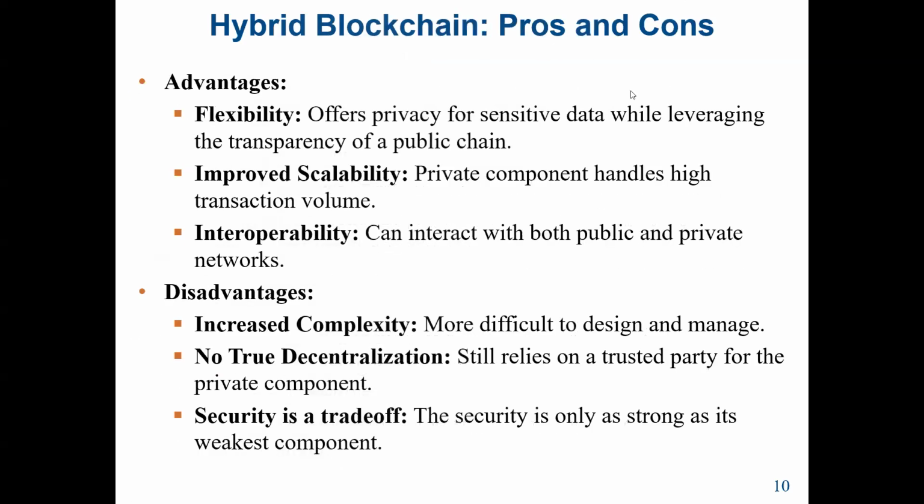So what are the pros and cons of a hybrid blockchain? Here we say the first advantage is flexibility. So combining privacy for sensitive data at the same time with public transparency.